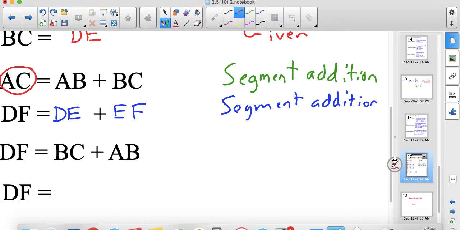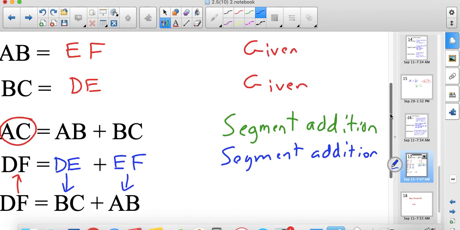So now we talk about segment DF again. Have we talked about segment DF yet? Yes, we just did, right above. Then we have to see what changed. They took DE and it became BC. They took EF and it became AB. So we took something and replaced it with something else. EF got replaced with AB, and DE got replaced with BC.